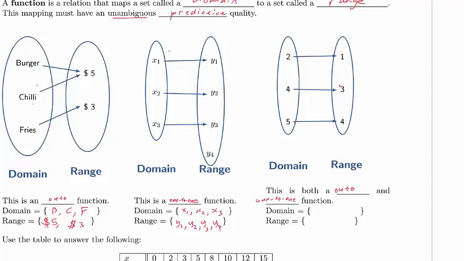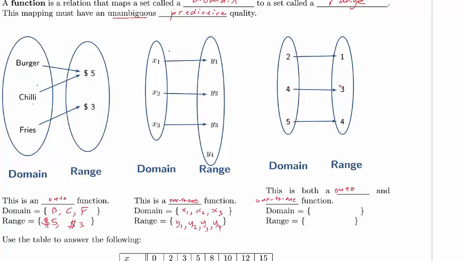And usually in this class, if we come across a function that is one-to-one, almost always it's going to be both onto and one-to-one. But noting the difference can be important, particularly if you're trying to program something in the computer. This is where these differences in definitions come into play.